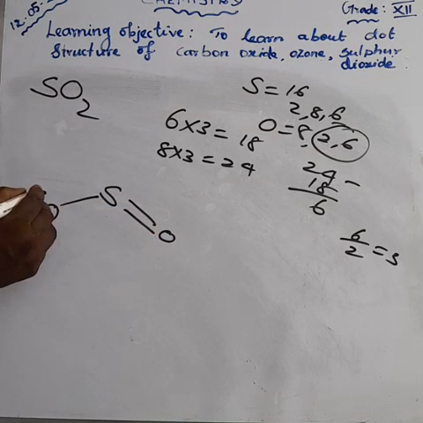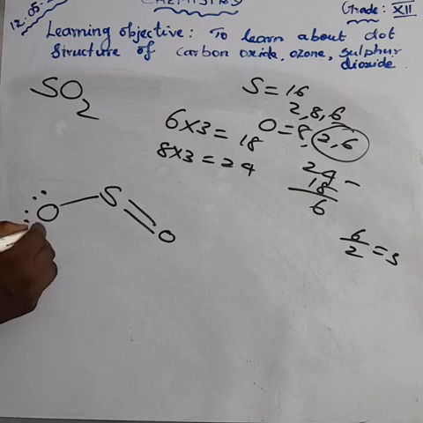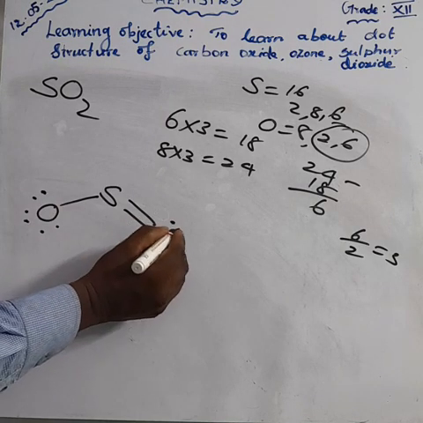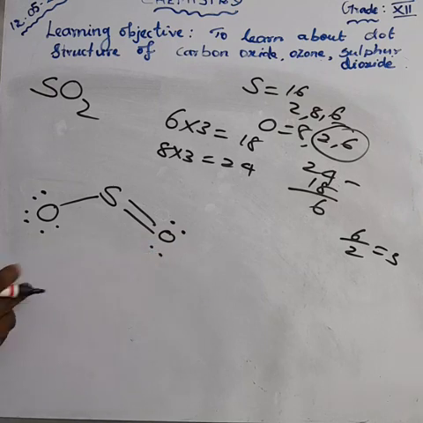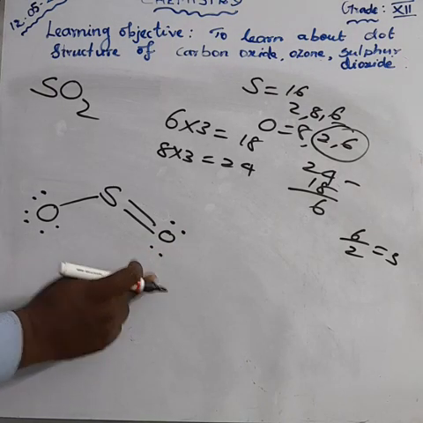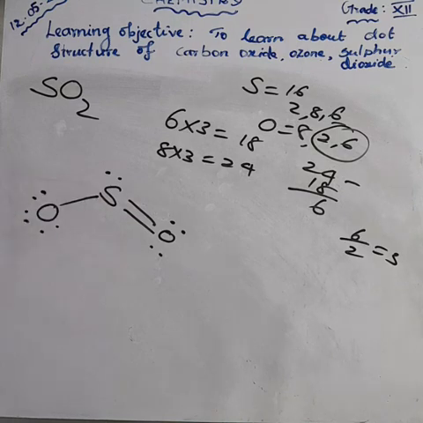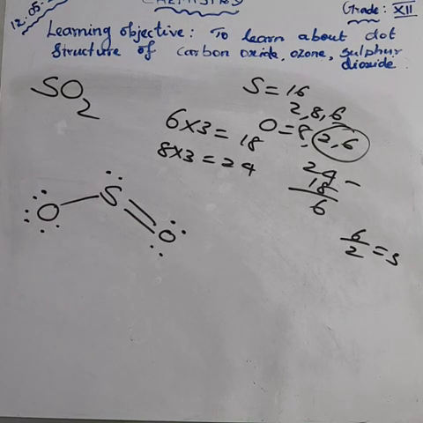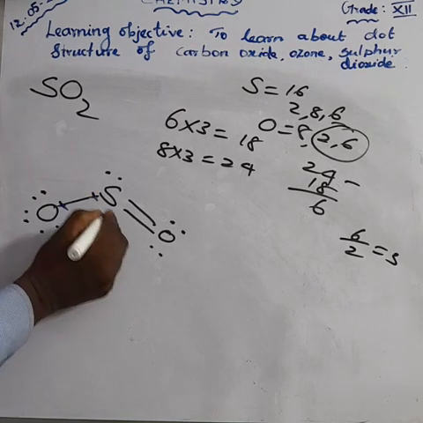Single bond means 1, 2, 3, 4, 5, 6. Double bond means 4 electrons, 1, 2, 3, 4. So 6 plus 4, 10 over. Remaining 2 electrons. Am I right? Yes or no? So we can find out the charge. What about the charge?